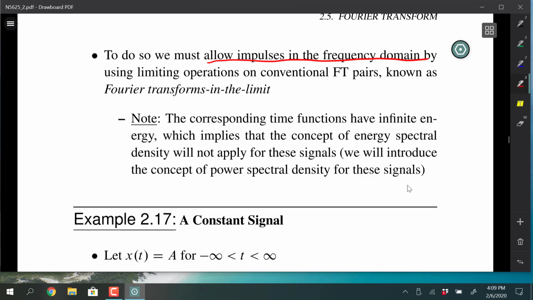And what makes all of that work is the idea of Fourier transform in the limit. Mathematicians probably don't like seeing electrical engineers doing this because we're interchanging the order of an integral and a limit, and in mathematics you have to make sure that if you do something like that you have convergence and you have certain smoothness and other good things happening.